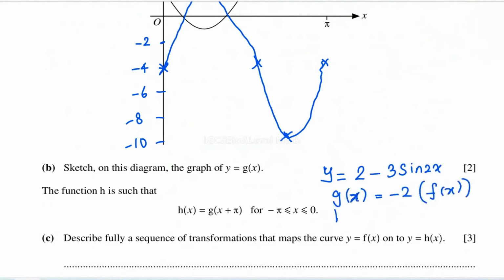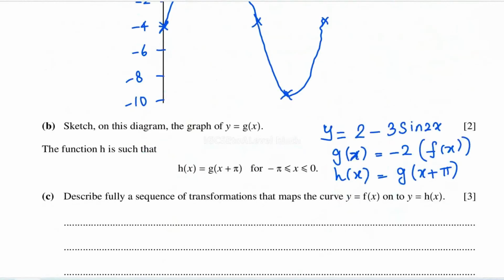What is h of x? G of x plus pi. So g of x equal to minus 2 multiplied by f of x.